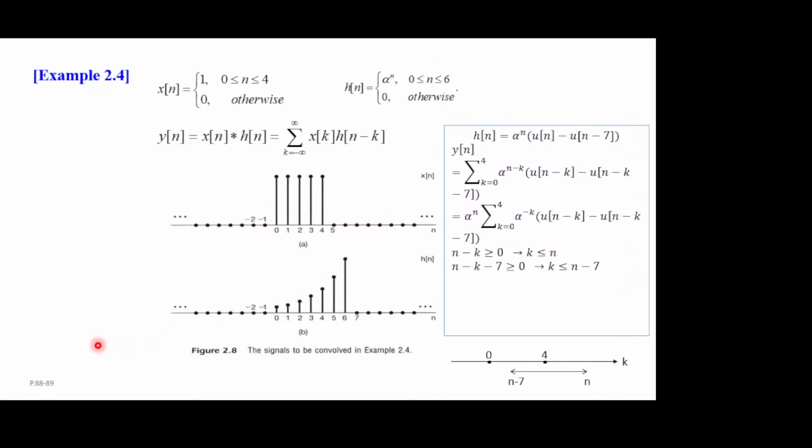We are plotting here for alpha greater than 0. So let's say alpha to n looks like this. But it is also cut off from 0 to 6. So h of n only has value from 0 to 6. Yeah. And I want to find out the convolution.